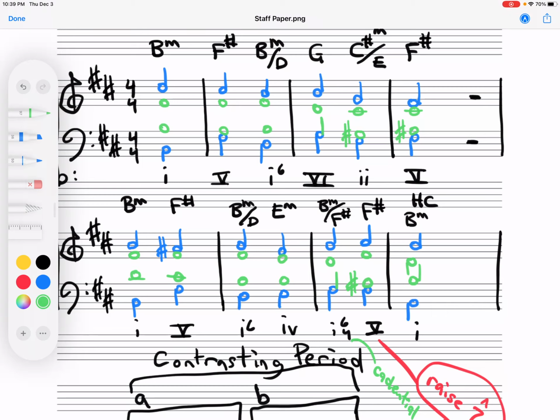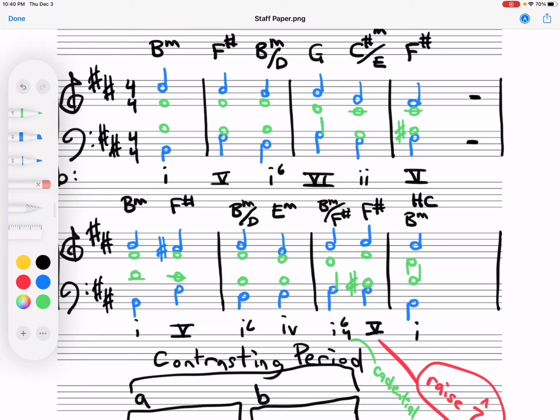Okay, I'm going to play it now before I put the stems on. So let's see what this whole thing sounds like now. Oh, that was really funny. I don't know why I put a C sharp. That doesn't go there. Let's try that again. Oh, I know what I was doing.